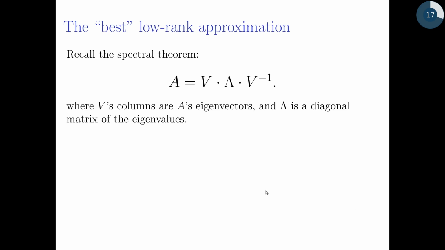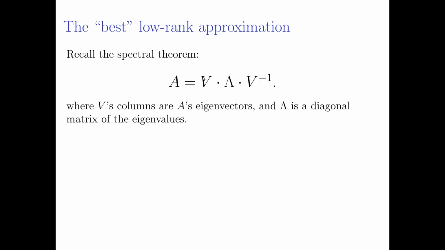Okay. Now let me take you back to the spectral theorem from the last episode. You will recall that if A is a square matrix, this right here is an equal sign. We're going to be making it an approximately equal sign in a moment, but right now it's an equal sign, which means A can be precisely broken down into these three components: the eigenvectors, the eigenvalues in a diagonal matrix, which is otherwise zeros, and then the eigenvectors again, where we have to invert that matrix.